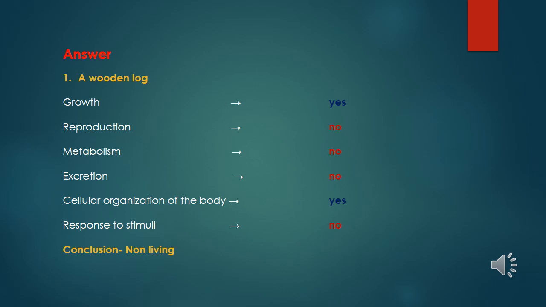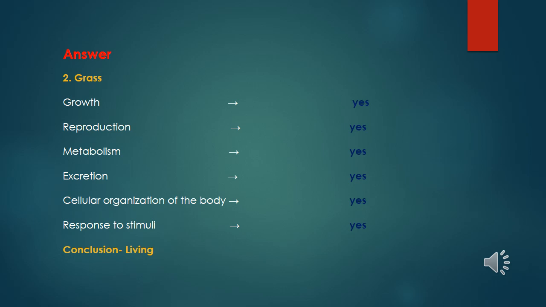Yes, it will have cellular organization because it is derived from a living thing, and it may show growth like swelling on being soaked in water. But as we have seen, growth and cellular organization cannot be taken as an ultimate criteria for being living. And the most important criteria, reproduction and excretion, is not being fulfilled. Thus, we can conclude that a log of wood is non-living.